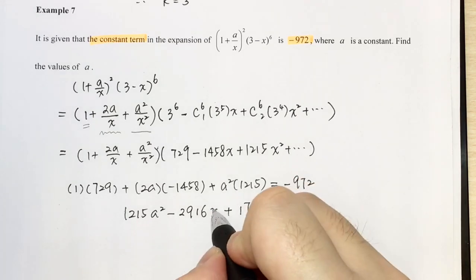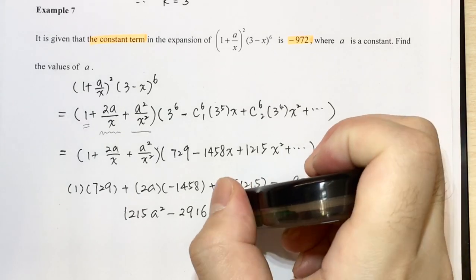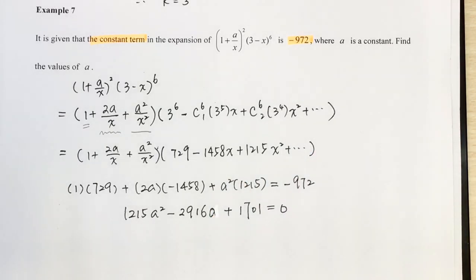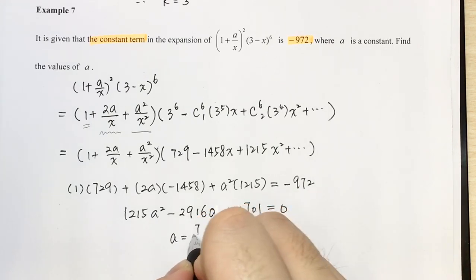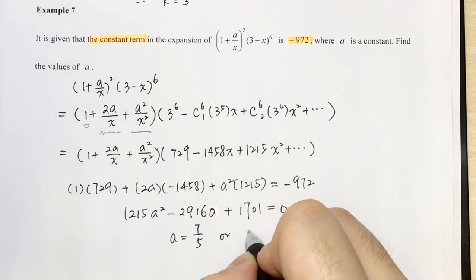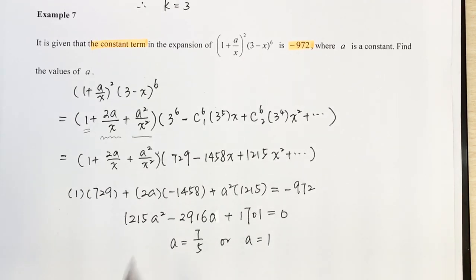Oops, sorry, this should be a, 2916a. And by your calculator, you will get a is 7/5 or a is 1. Now note that there are no conditions for the values of a, so these two are the answers.